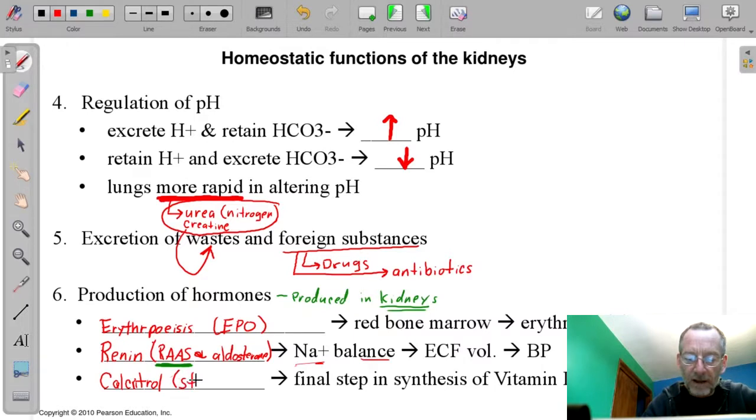So it's a steroid hormone. Okay, so that gives you a sense of some major homeostatic functions of the kidneys.